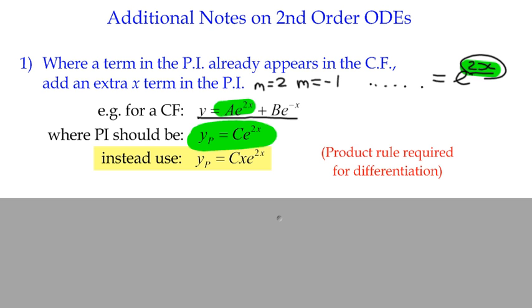And so, just as if you think back to the fact that when we had the same values for m, so when you've got two identical roots, we don't write down, for instance, if we have m is 3, y equals a e to the 3x plus b times e to the 3x.